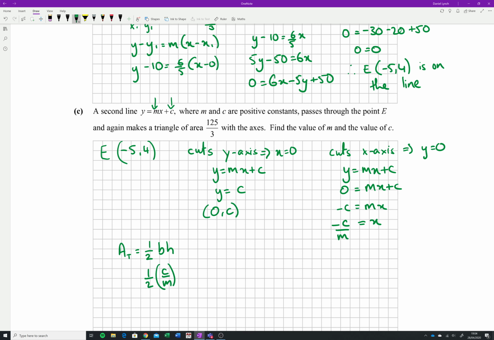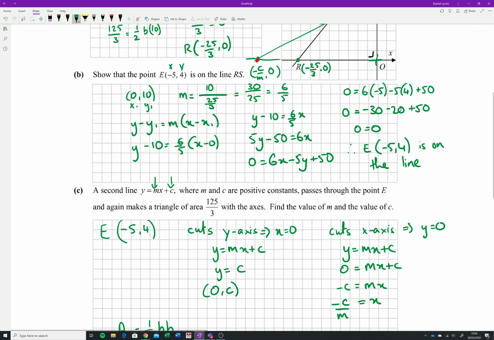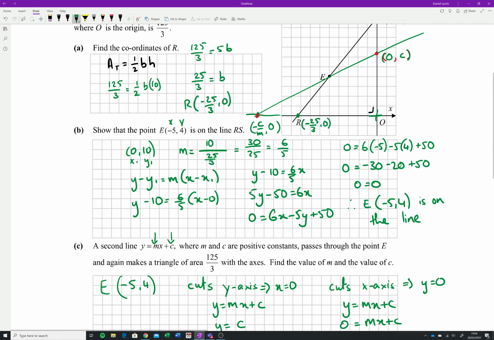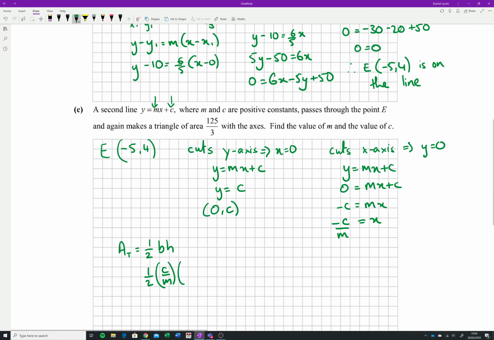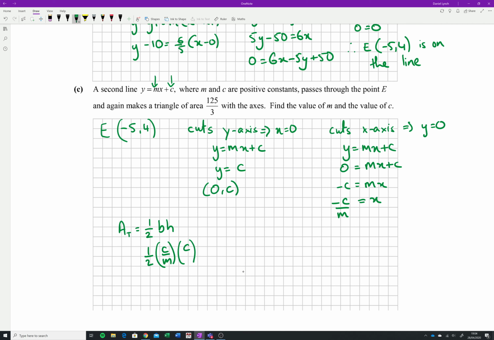And what is our height? Our height in this case is equal to c. We've gone up as high as c. And we know that this here is equal to the area of the triangle, which is 125 over 3.